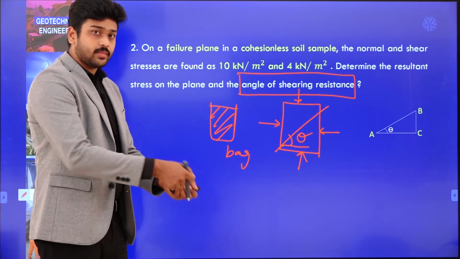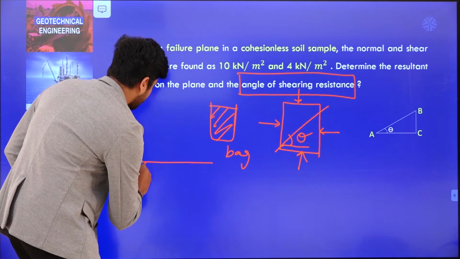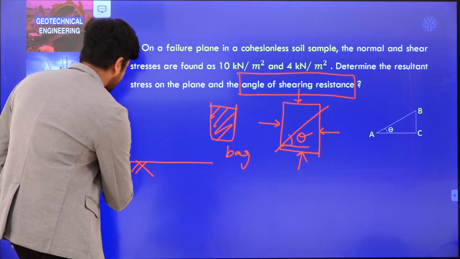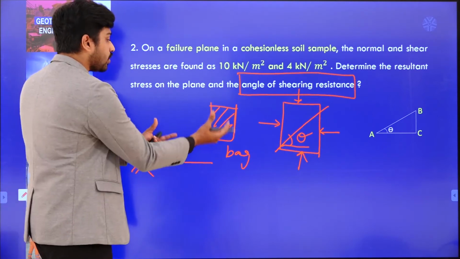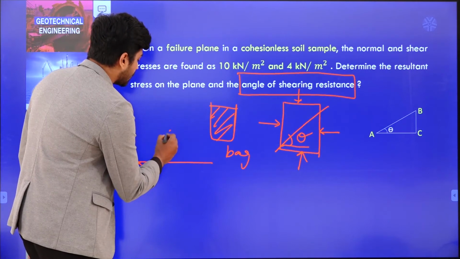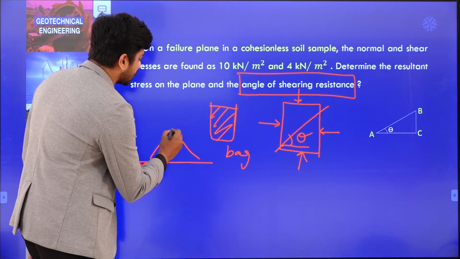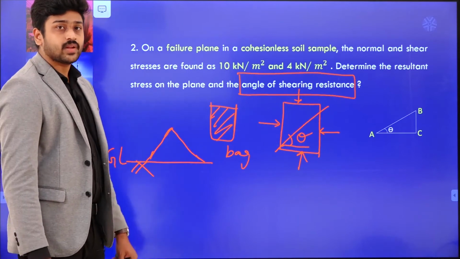What will happen if you look at the ground surface, if I pour this amount of soil onto the ground level? It will try to form a heap like this.